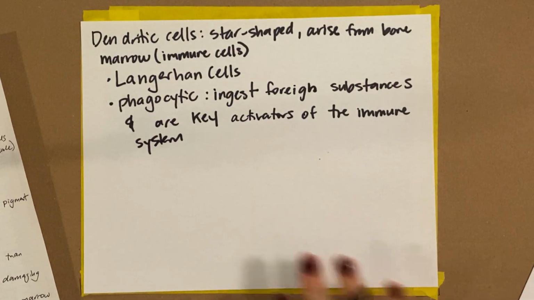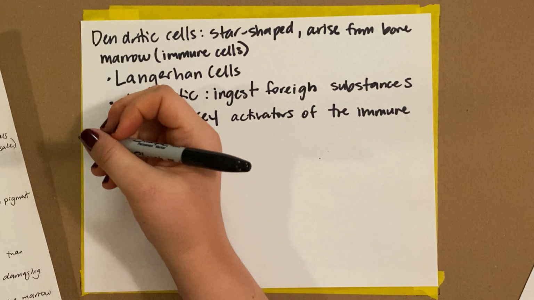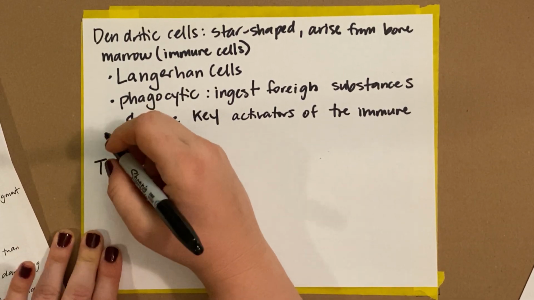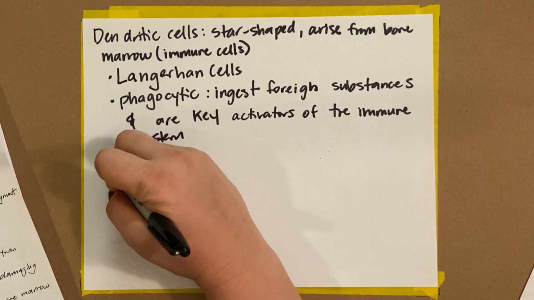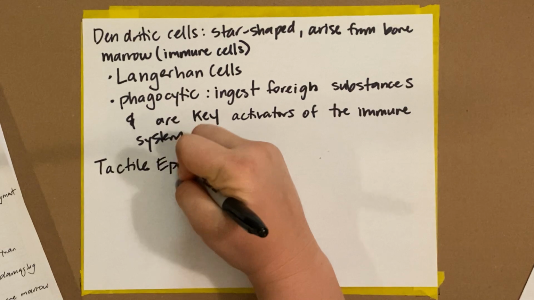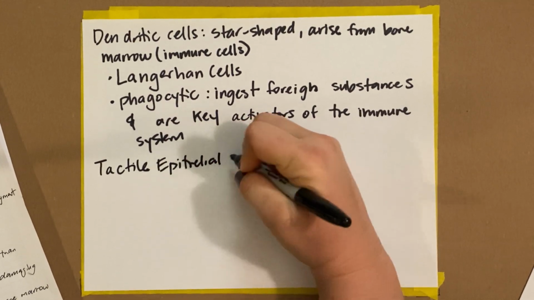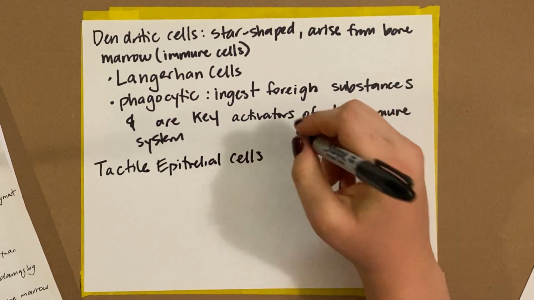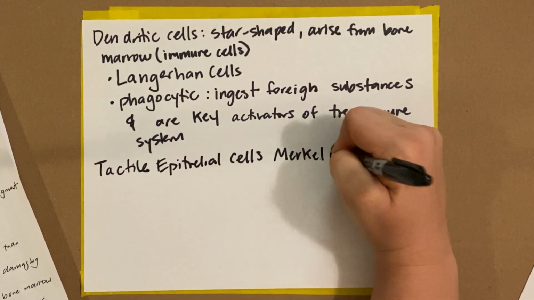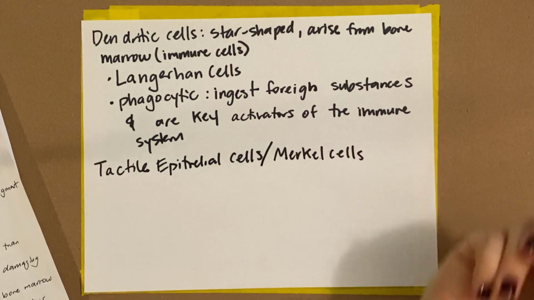Our last type of cell that we're going to talk about is going to be what we can call the tactile cells. Tactile epithelial cells, but they are also called Merkel cells. Okay, so you can go either name.